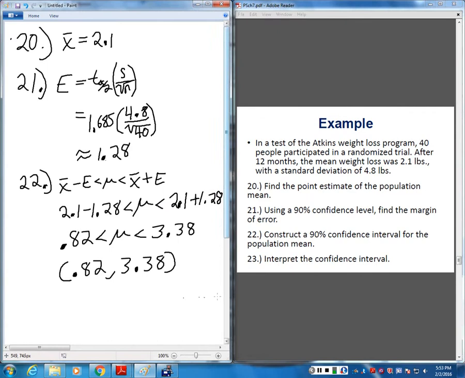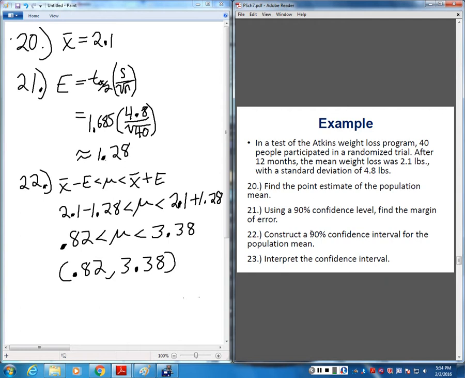Number 23 says to interpret the confidence interval. We would interpret it by saying this. We are 90% confident that the mean weight loss on Atkins is between 0.82 and 3.38 pounds.